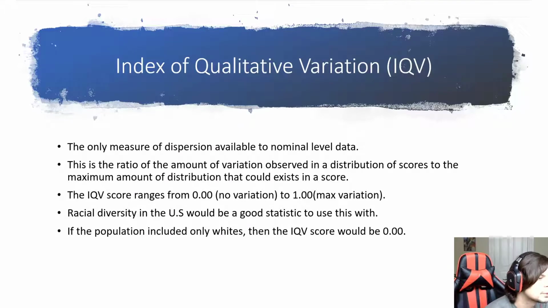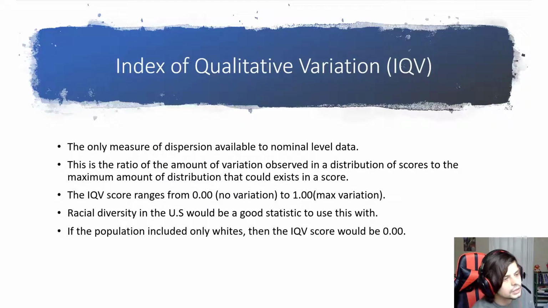Racial diversity in the U.S. will be a good statistic to use this with, and if the population only included white folks, then the IQV score will be 0. Remember I said earlier, in the first lesson, or at least in the first slide, that nominal level data is things like eye color, race, gender, things that you can't really add ranking value to. So the only way we can really do stats with this is calculate the mode, or we could use IQV.